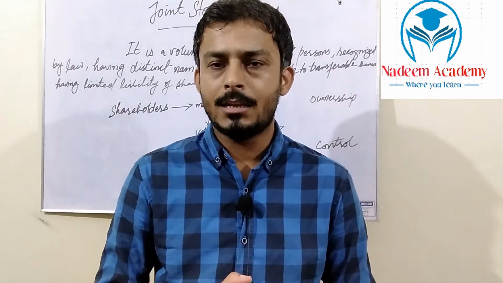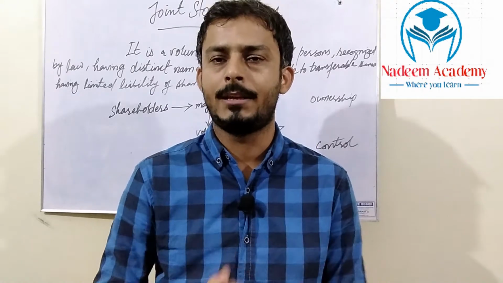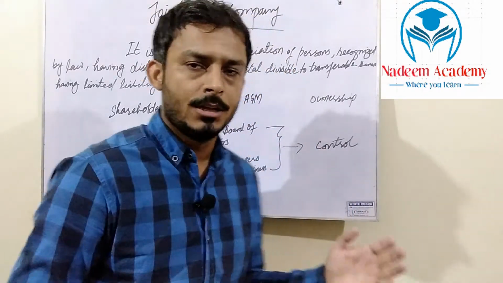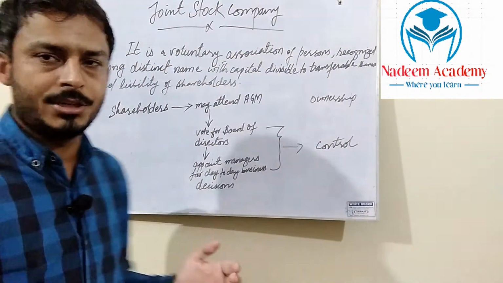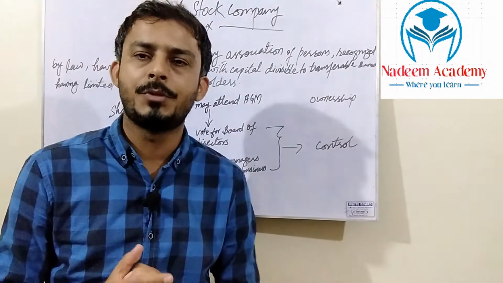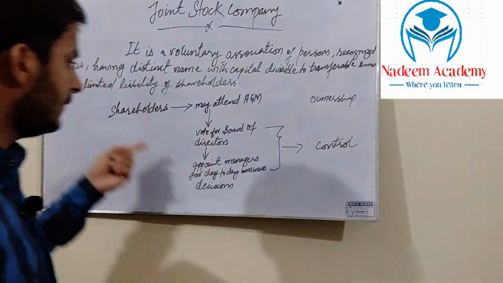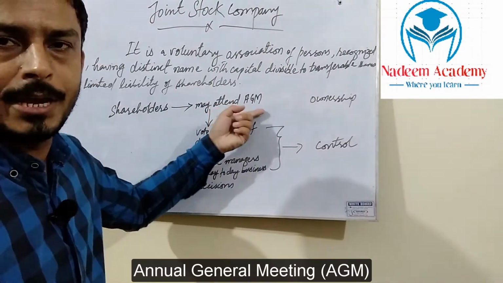Now let's take a look at how a joint stock company, or especially a public limited company, works. So here I have mentioned there are shareholders. Shareholders are actually the owners. The ownership lies with shareholders, and shareholders may attend the AGM.